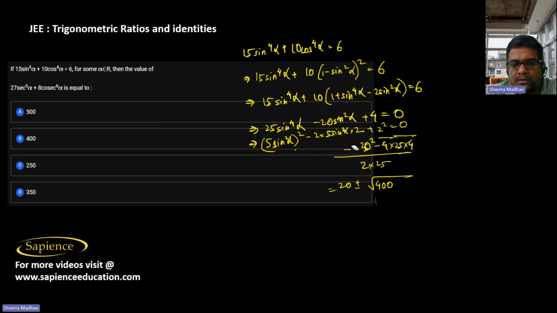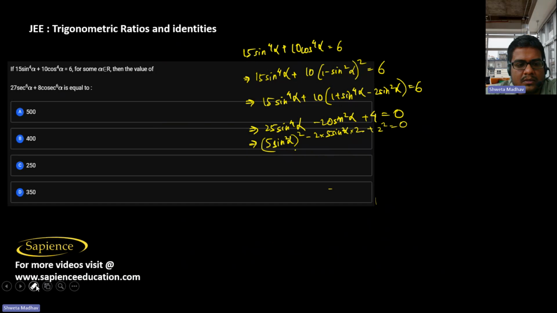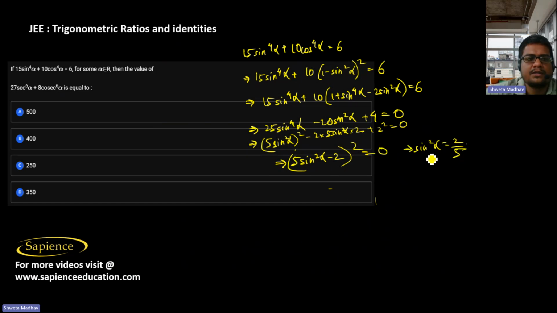So it is in the form of a perfect square only. If we factorize it, we get 5 sine square alpha minus 2 whole square equal to 0. So sine square alpha is 2 by 5.